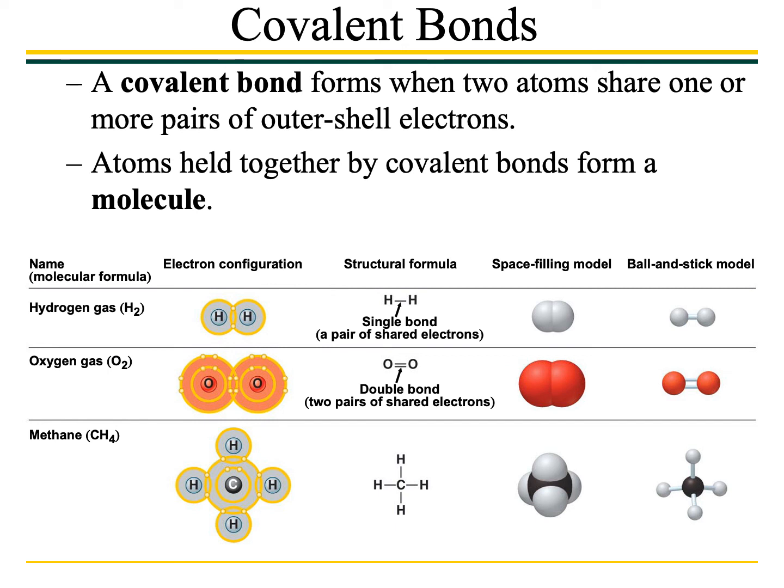If you have a complete valence shell, like the neon example we just looked at, that atom is going to be unreactive. But if the valence shell is not complete, this is where we have the potential for interaction with other atoms. Atoms with incomplete valence shells can interact with other atoms and form chemical bonds.